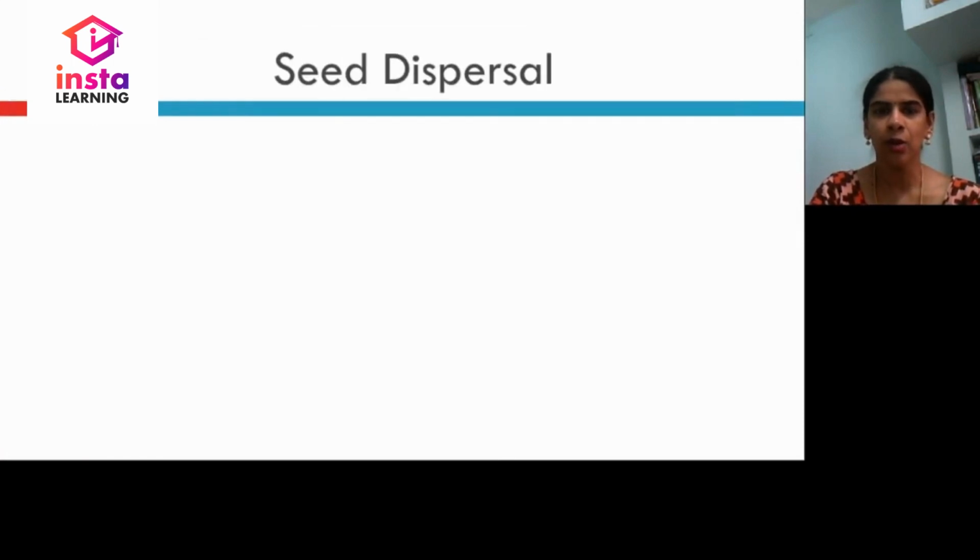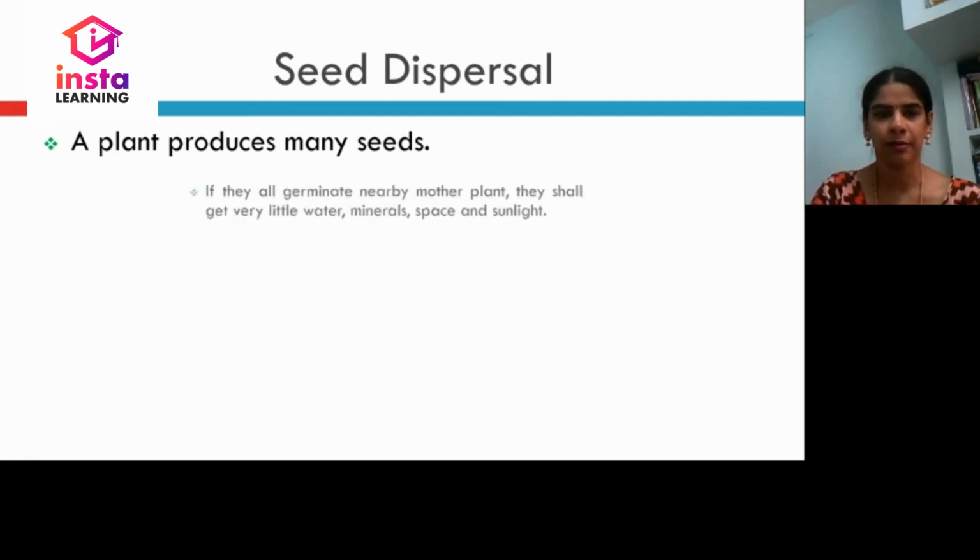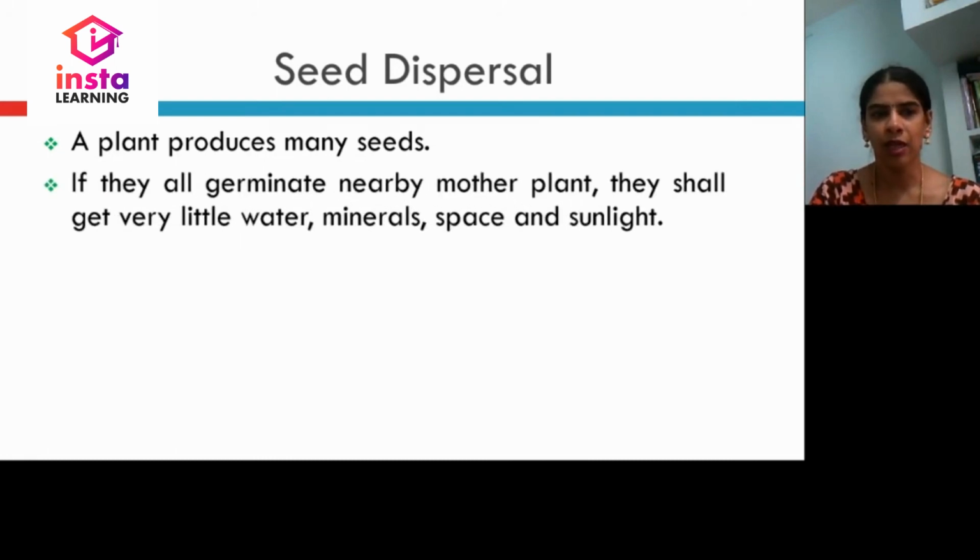Let us learn about seed dispersal. A plant produces many seeds. If they all germinate near the mother plant, they shall get very little water, minerals, space and sunlight due to competition.